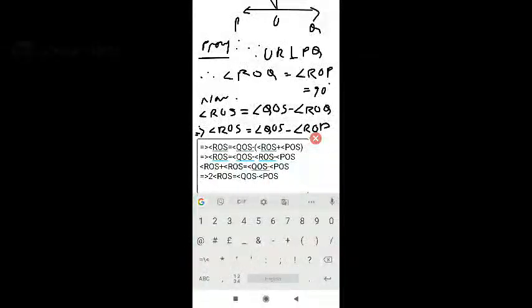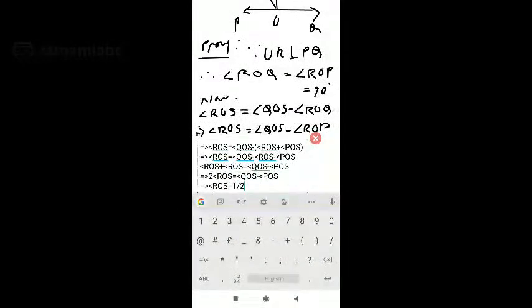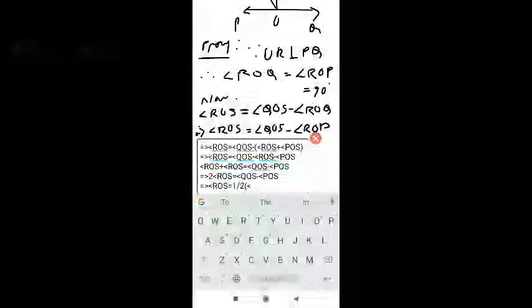So implies angle ROS equals 1/2 of angle QOS minus angle POS.